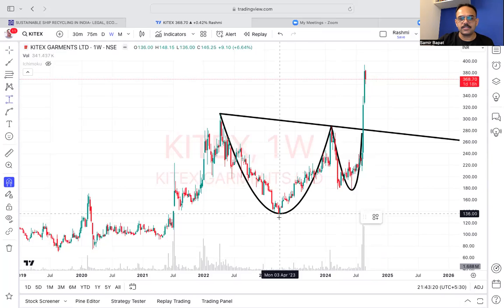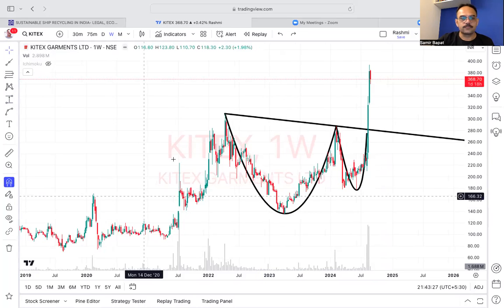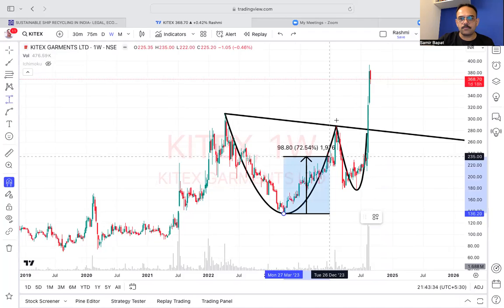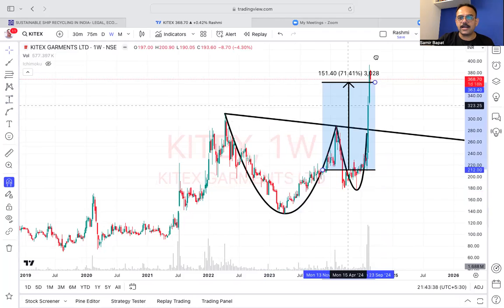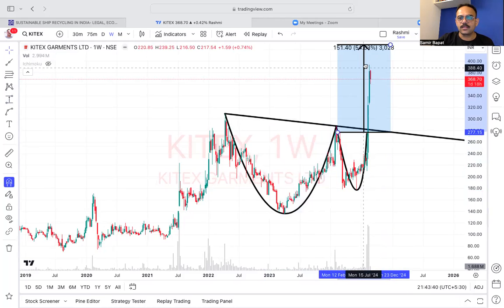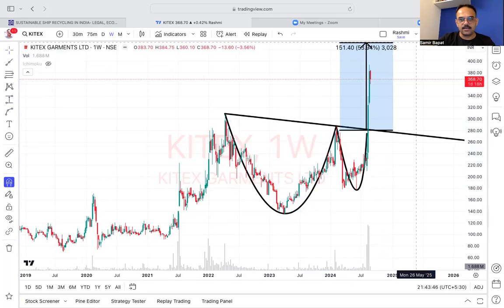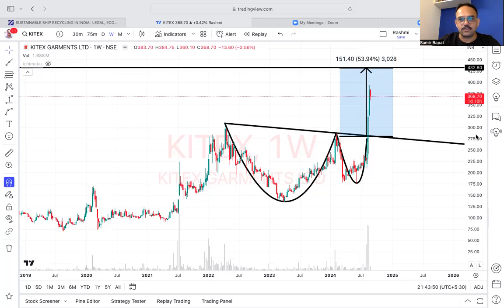If we start measuring from here, measure from here to here, 151 points. We'll keep it at the breakout here. This is the breakout point. Already it has come up quite far, so it is likely to go some more points, maybe 432. So this is how Kitex will look.